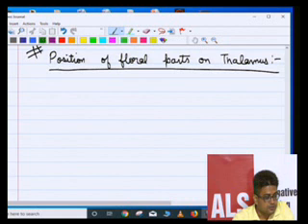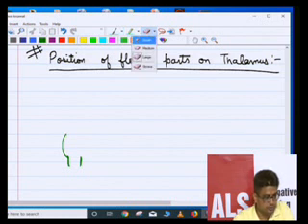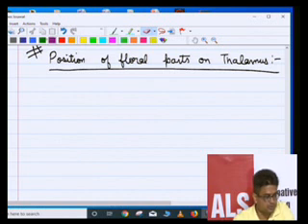Just a single concept is required. If you understand this diagram, how I am drawing it, then you will be able to understand it very quickly. Otherwise, if you do not pay attention, it becomes quite hectic to understand this. All right.